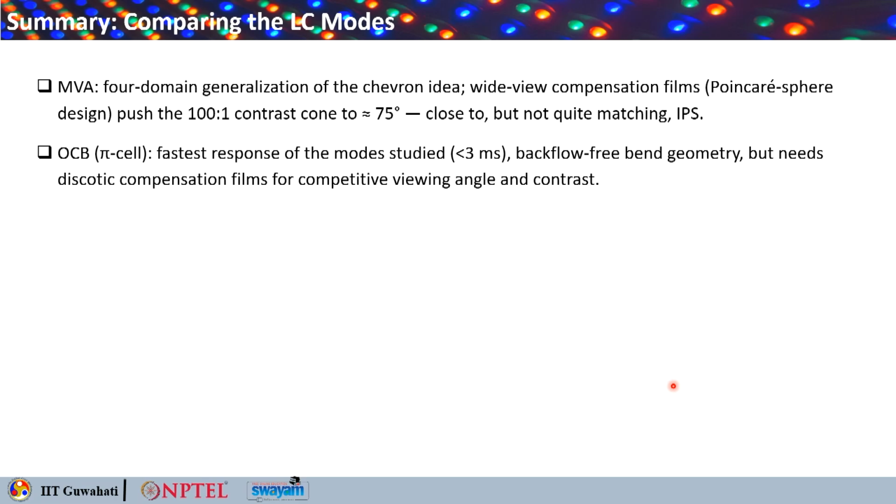Then we have seen the OCB pi cell, which gives the fastest response of the modes studied, less than 3 millisecond response time. Backflow-free bend geometry, but they require discotic compensation film for compensating the viewing angle and the contrast.